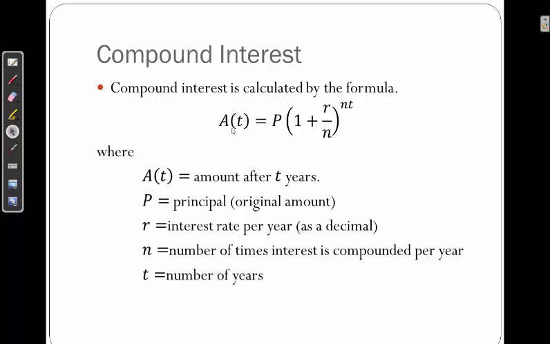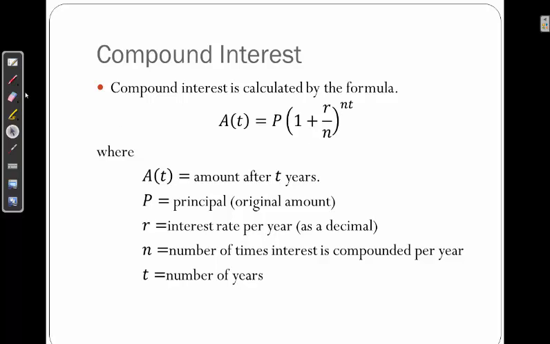So here's the formula for calculating that. You take the principal, which is the original amount, times 1 plus r over n, where r is the interest rate, n is the number of times the interest is compounded per year. So for the example I gave you, I had $100 compounded at 12% quarterly, so n would be 4. And then up here, 4 times the number of years.